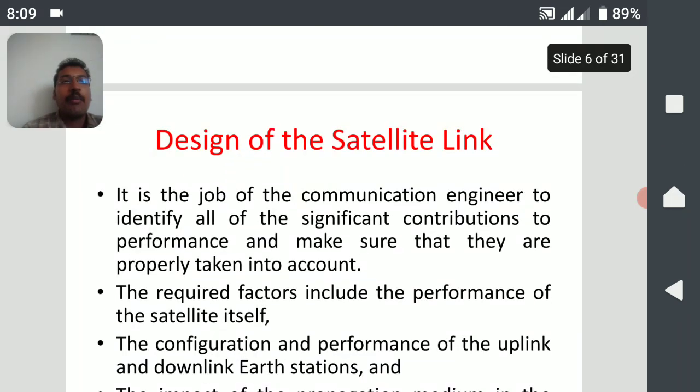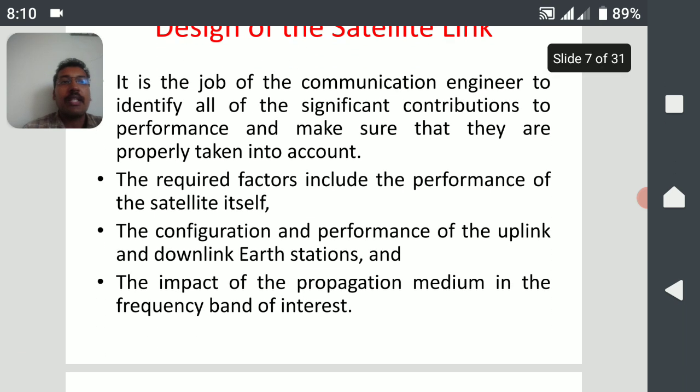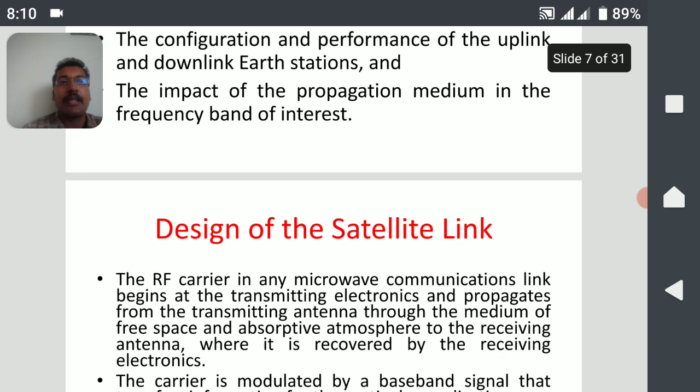It is the job of the communication engineer to identify all of the significant contributions to the performance and make sure that they are properly taken into account. The required factors include the performance of the satellite itself, the configuration and performance of the uplink and downlink earth stations, and the impact of the propagation medium in the frequency band of interest.